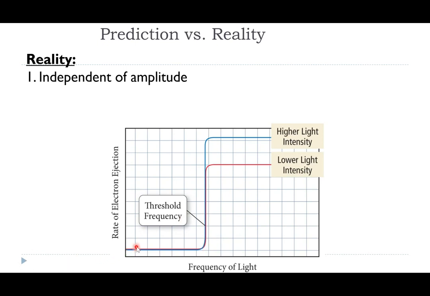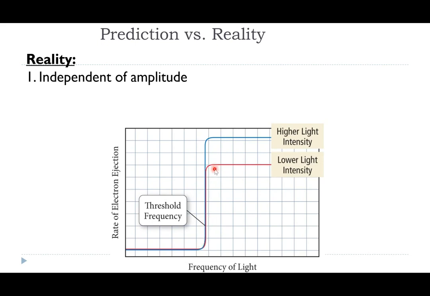So if I use a light down here that's really bright, really intense, I hit it as hard as I can, it is not the right frequency of light. So no matter how hard I hit it, those electrons are not coming off. And then when I get up to here, once I hit the correct frequency, it doesn't matter how hard or how soft I hit that piece of metal. As long as I'm using the correct frequency, all the electrons are going to come off.